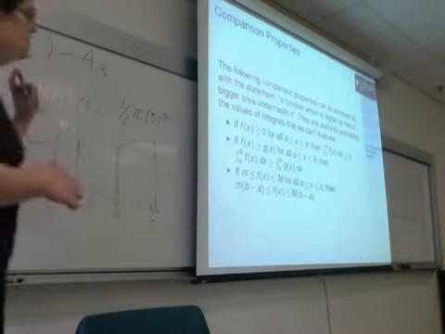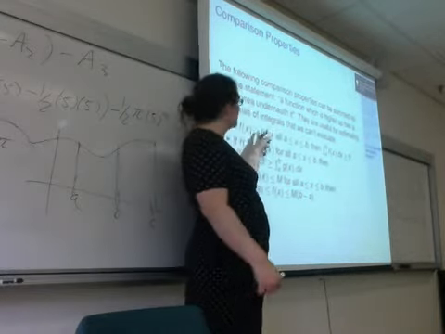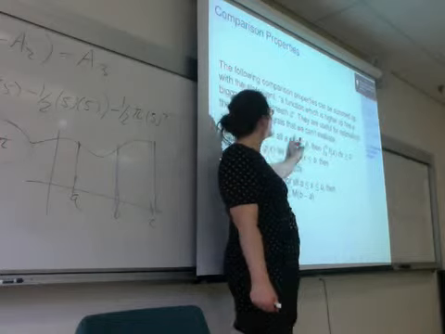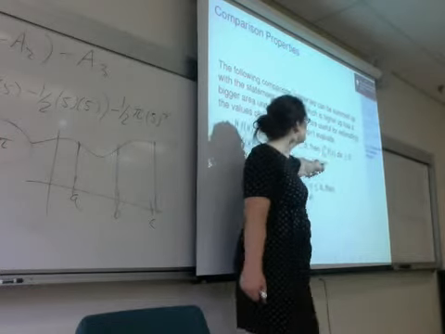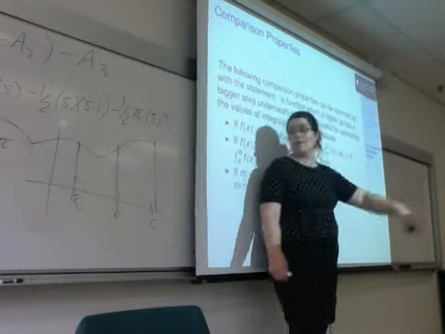So the first one says that if we have a function which is bigger than or equal to 0 for all x between a and b, then the integral of that function will also be bigger than or equal to 0.